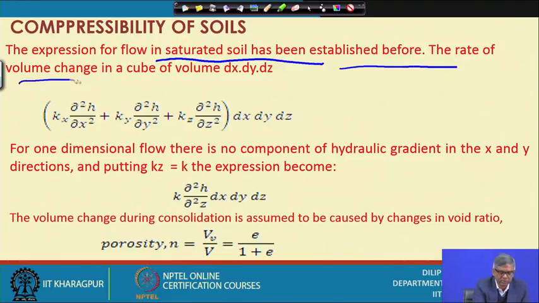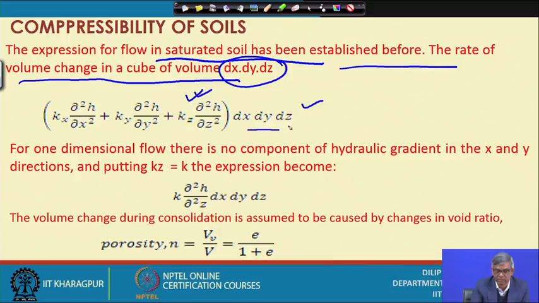The rate of volume change in a cube with dimensions dx, dy, dz, we derived this expression before: kx ∂²h/∂x² plus ky ∂²h/∂y² plus kz ∂²h/∂z², times dx dy dz.